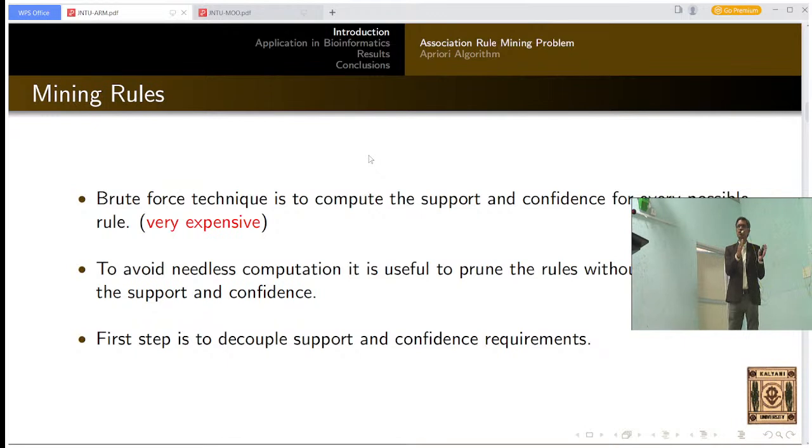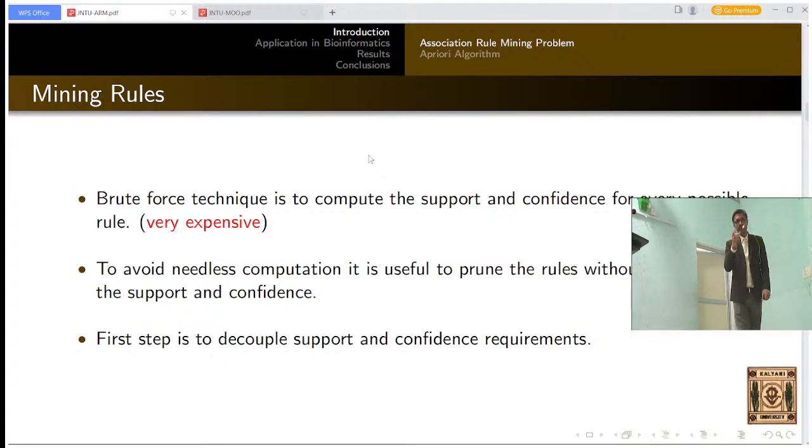First, we extract all the frequent item sets, that means all the item sets having support greater than or equal to minimum support. Then from the frequent item sets only, we extract the rules, so the rules will automatically satisfy the minimum support criteria. And then from the extracted rules, we filter out the rules having confidence less than the minimum confidence.